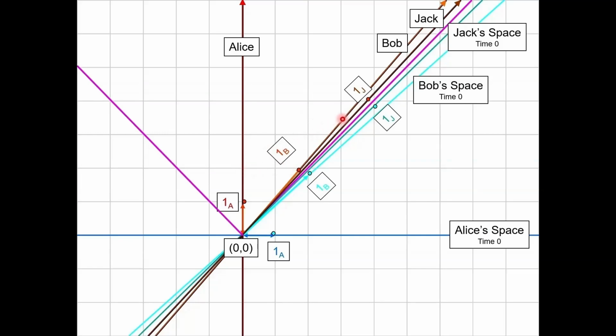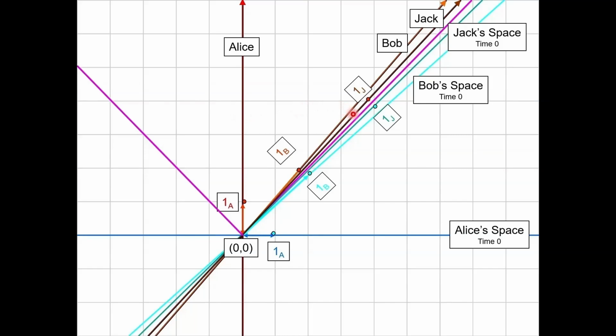Now if we look at Bob and Jack, and we look from Bob's point of view, Jack has a certain speed moving away from Bob in Bob's coordinate system.